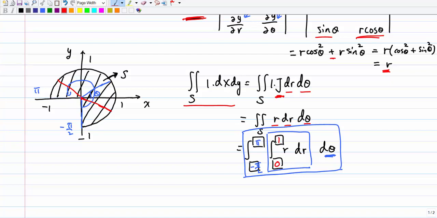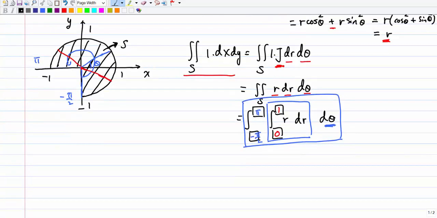Now we can do the double integration, keeping the outside unchanged. Let's do the integration for the inside.